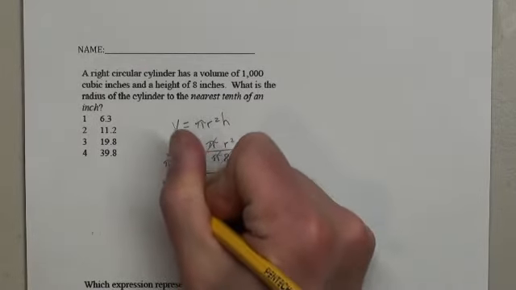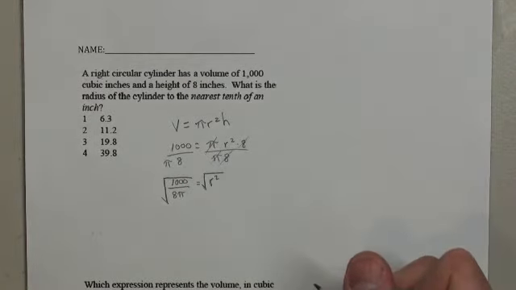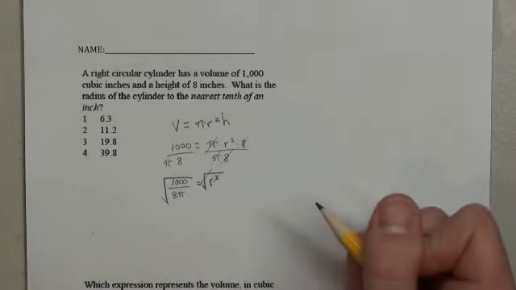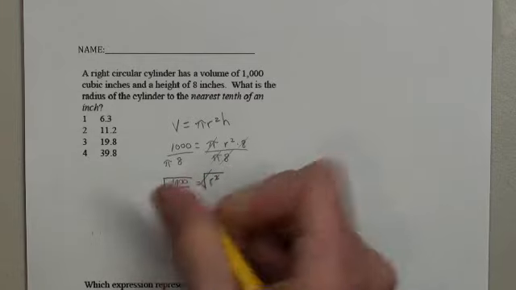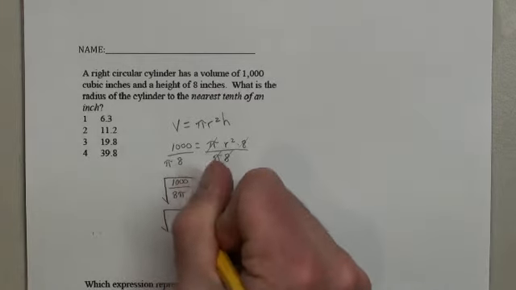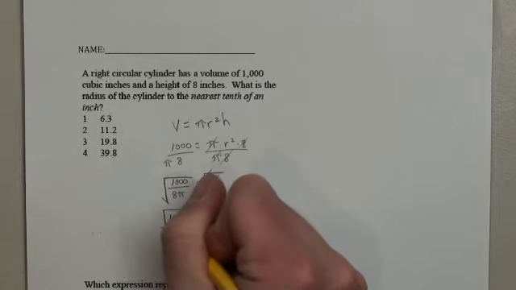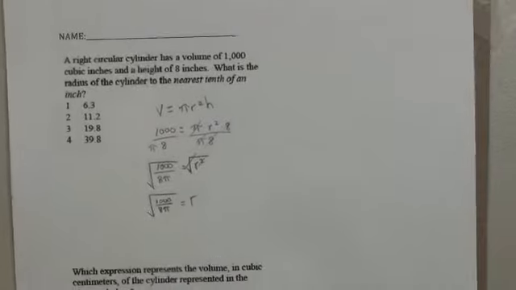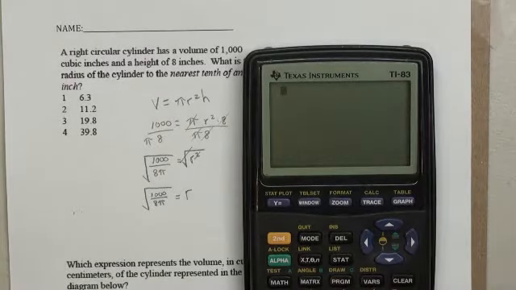Right? So the square root of r squared equals the square root of 1,000 over 8 pi. Cross out the square root and the squared, and we get r equals the square root of 1,000 over 8 pi.